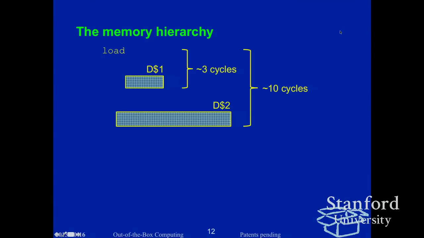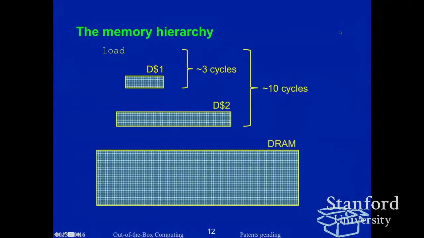If it's not there either, there may be still another layer of cache, but you're seeing the pattern here. Eventually you'll have checked all your caches, and you're going to wind up going to DRAM, and that can be 300 cycles, depending on exactly what you hook up and how lucky you were with respect to the DRAM refresh logic. That is extremely painful if your program has to do that.